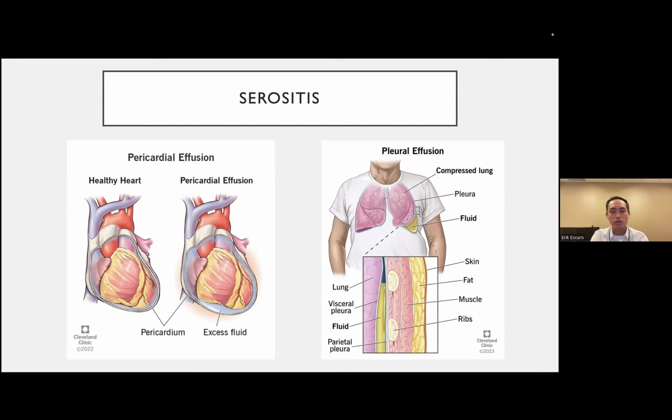Unfortunately, it can be advanced enough to cause tamponade. And on the right there, you have a pleural effusion. You'll see a zoomed in level there where the fluid is in between the lung and the pleura itself. And that fluid, if you were to do some type of aspiration or a thoracentesis, would be quite inflammatory in nature and would probably show exudative qualities on Light's criteria.